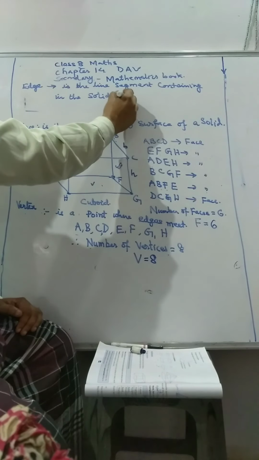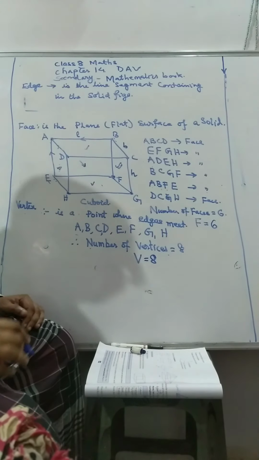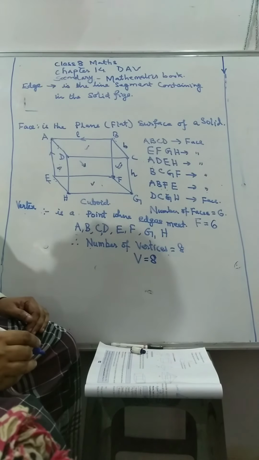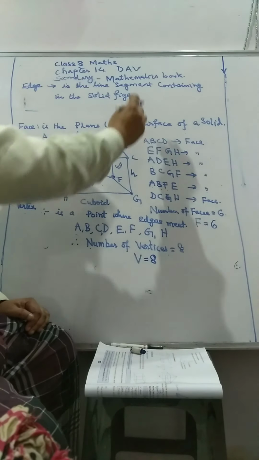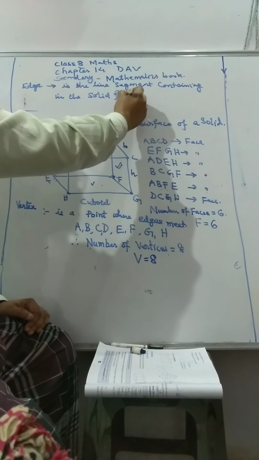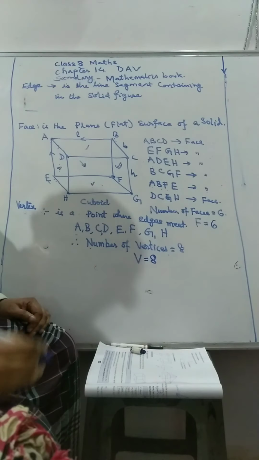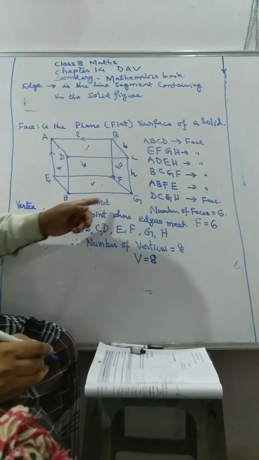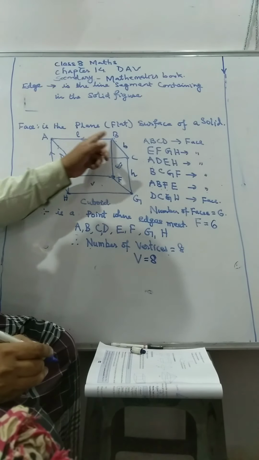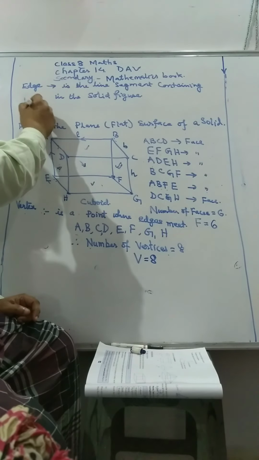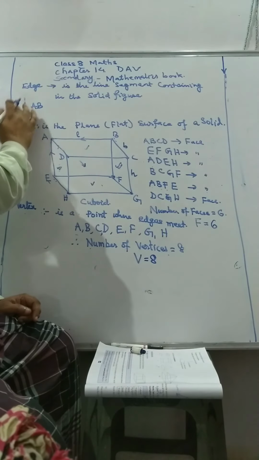That which contains a line segment in a solid figure is called an edge. Here this is the cuboid. AB is one of the line segments, so AB is also an edge.